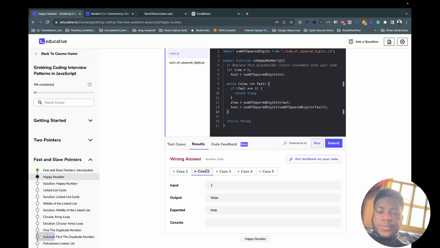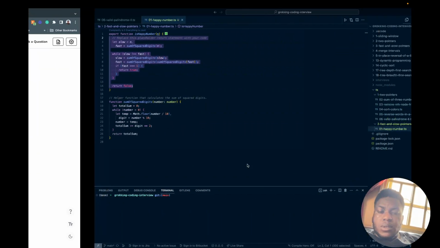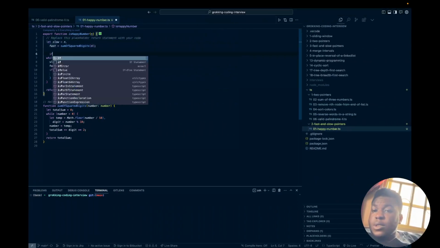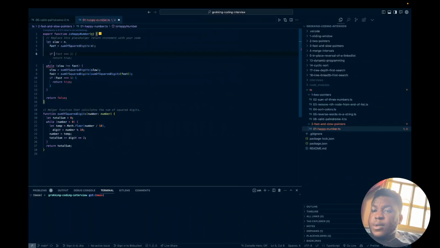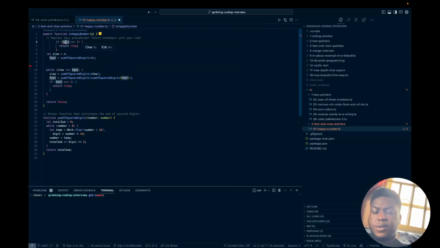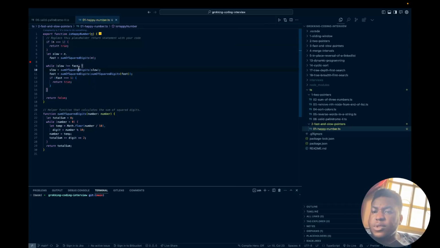Okay, still doesn't work. Honestly, 1 is a happy number. I'll just say if fast is already equal to 1, or for efficiency, just put this as the very first thing. If n is equal to 1, return true. No need to define all these variables and do all these things. Just save yourself quite a bit of time.